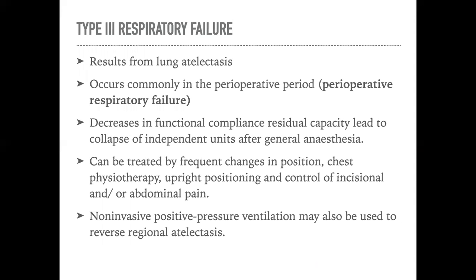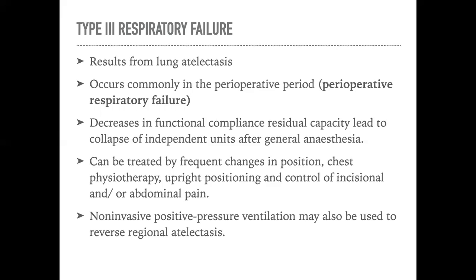Now, the third type of respiratory failure usually results from lung collapse or lung atelectasis. This is common in the perioperative period, such that the other name for type 3 respiratory failure is perioperative respiratory failure. This happens when there is a decrease in the functional residual capacity that leads to the collapse of the independent units after the giving of general anesthesia.